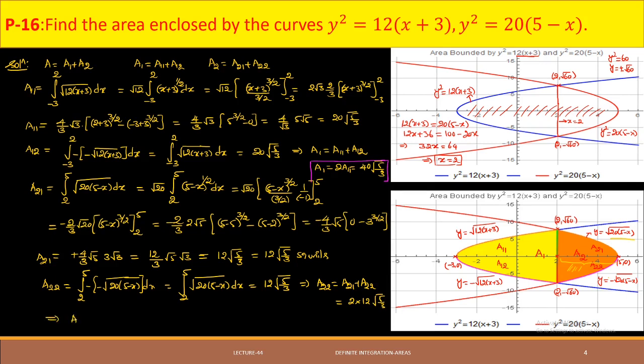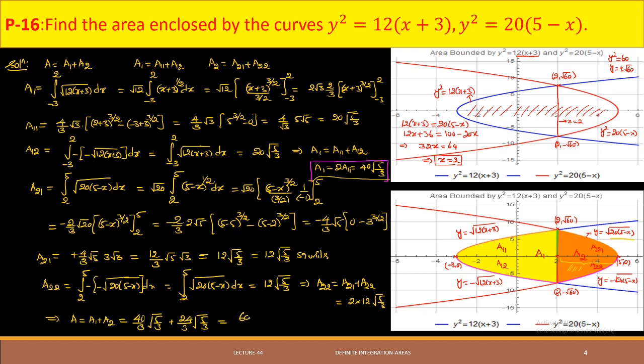So this implies area A is equal to A1 plus A2. What is A1? A1 is given here, 40 by 3 into root of 5 by 3 square units, plus this is 20 by 3 into root of 5 by 3 square units. Sorry, I think this is 24.